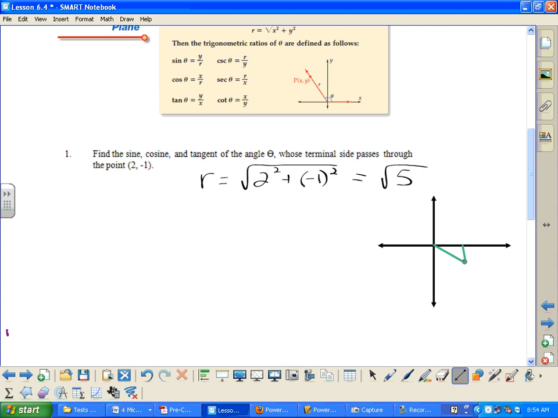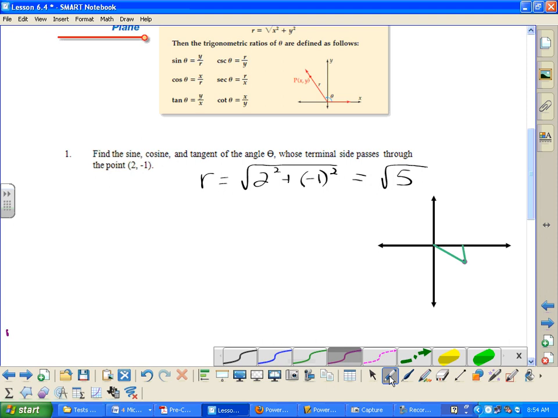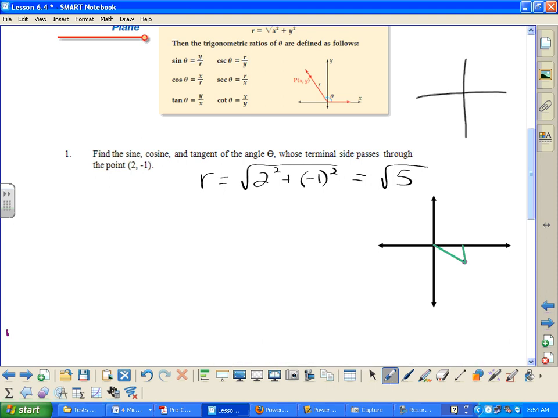In other words, regardless of where my point is, my triangles are always going to look like this. They're always going to make that bow tie, butterfly type look.